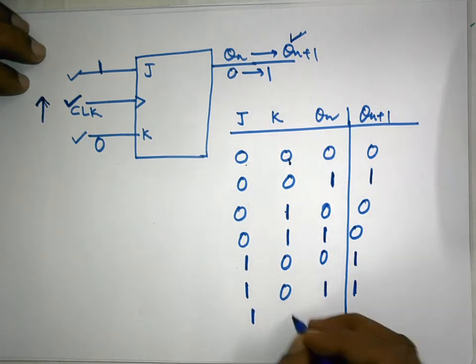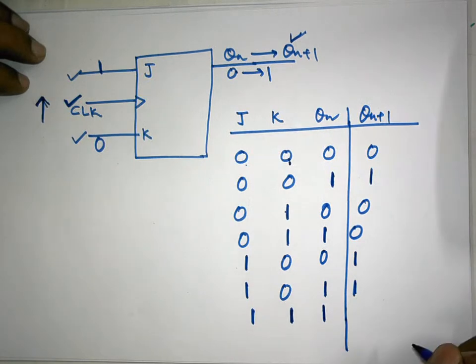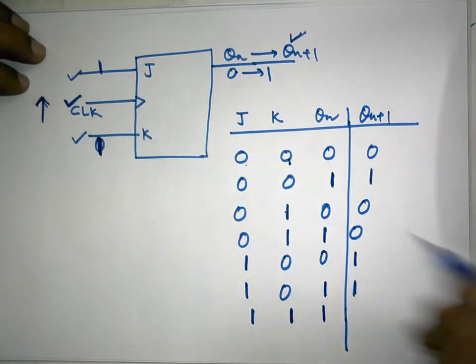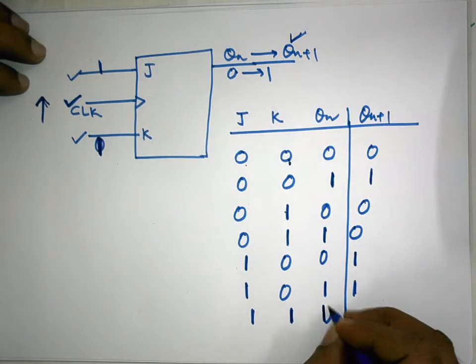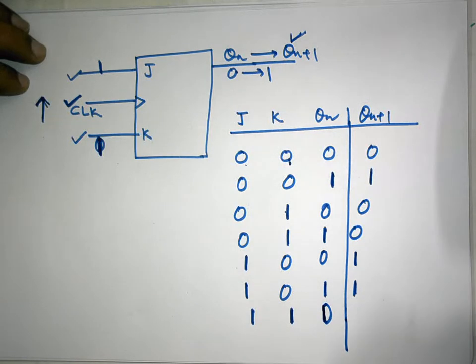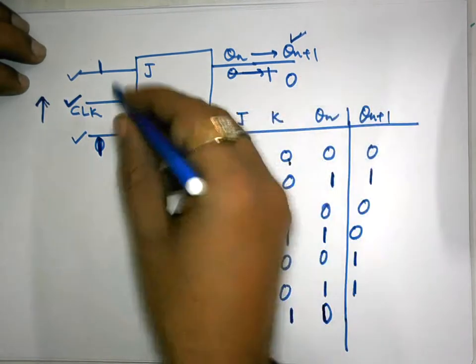Now suppose we had applied input 1 1 and the output was 0, just to make the proper flow. Then what will happen?